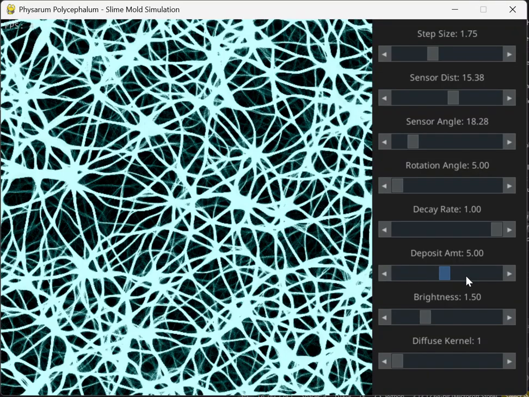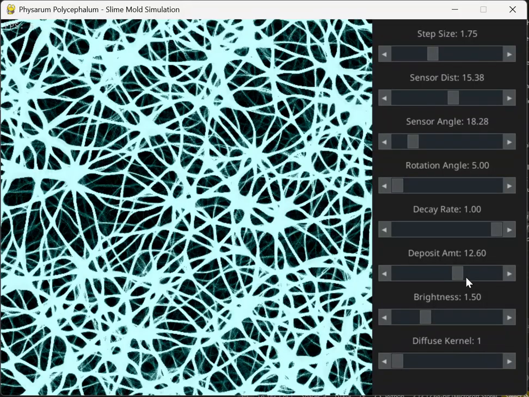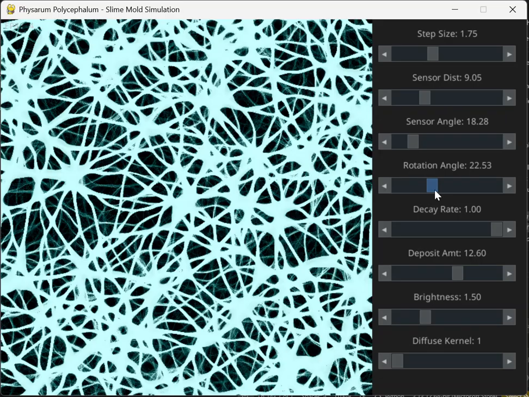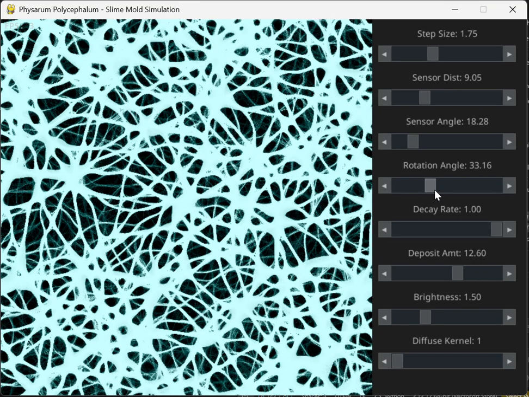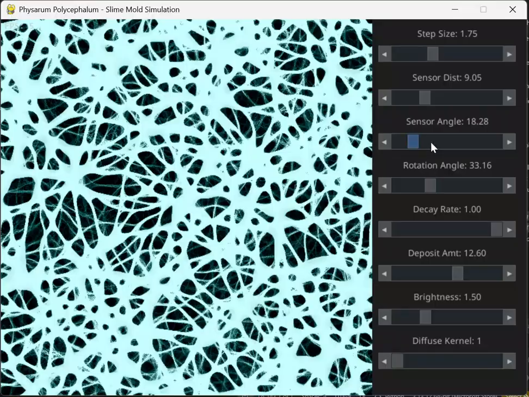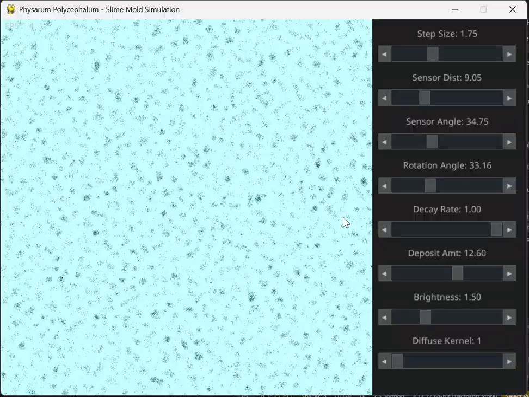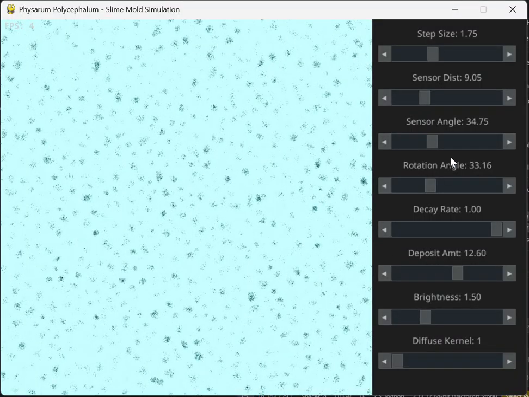More deposit means a higher, brighter, stronger trail, and less means a fainter trail that will be very hard to detect by the previous agents. Let me reset it to make it more visually understandable.